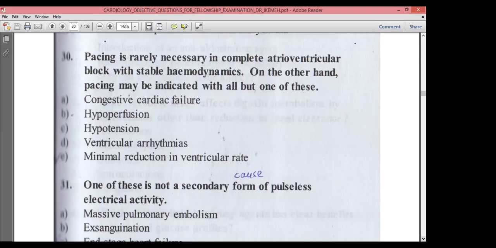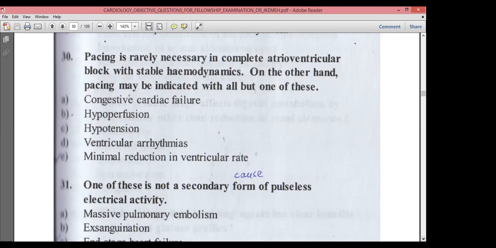So that is also called electromechanical dissociation. So what are the causes of pulseless electrical activity? They said it can be primary or secondary. Primary is when there's an intrinsic problem with the heart, but most times the causes of pulseless electrical activity are secondary, that's when there's an extrinsic cause. And the extrinsic causes are the 5H and the 5T.